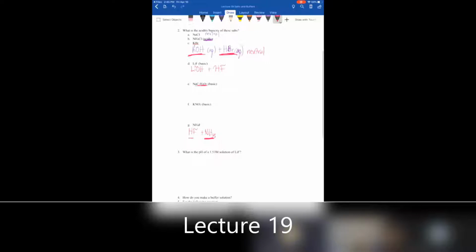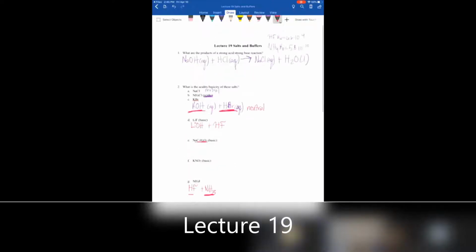Okay. So what kind of solution is it going to be? Do you have any idea? You know the Kas? It should be acidic, right? Because the Ka of HF is 6.6 times 10 to the negative 4, and then the Ka of NH4 is 5.8 times 10 to the negative 10. So what kind of salt is it going to be?